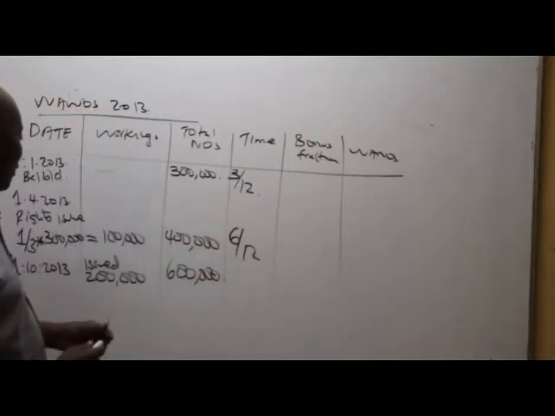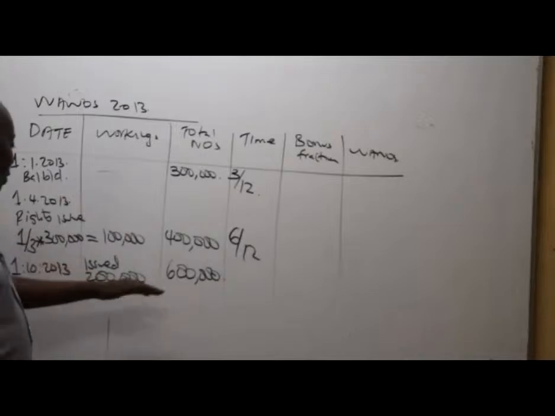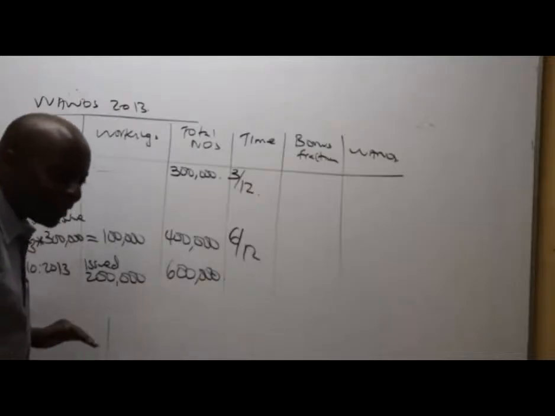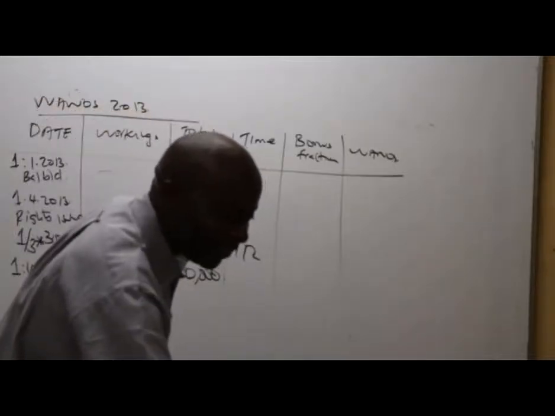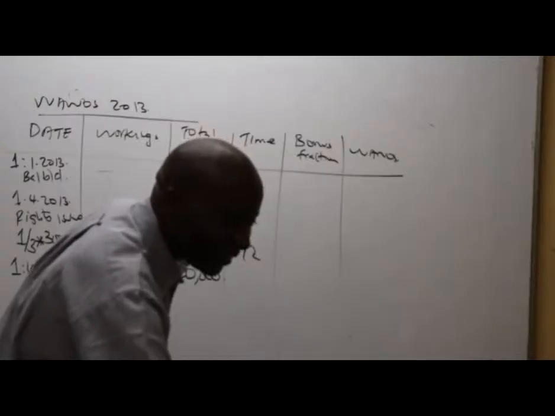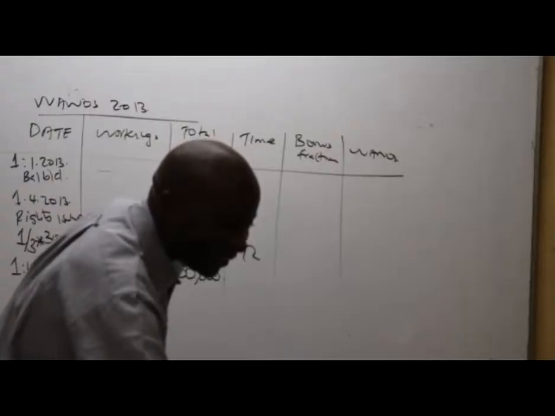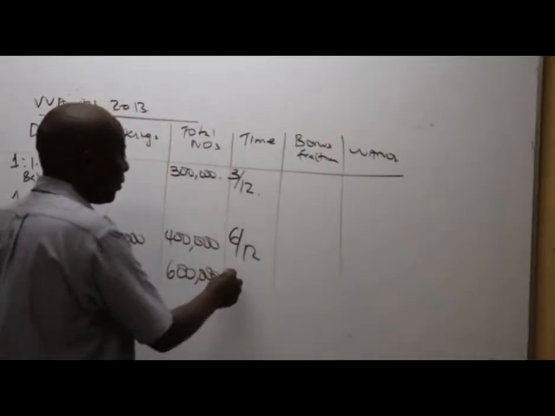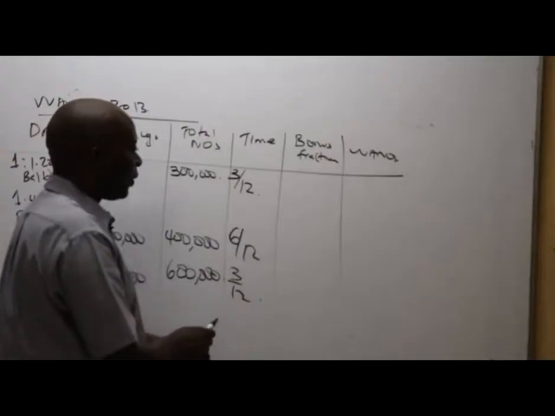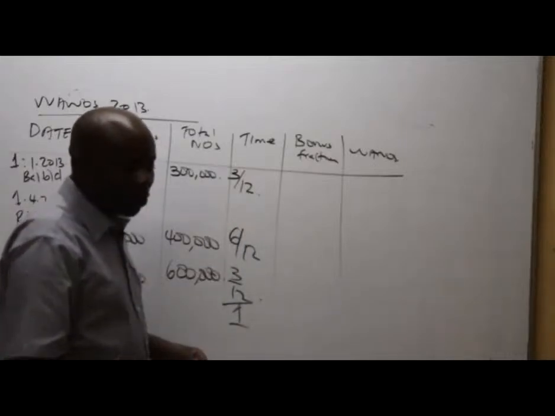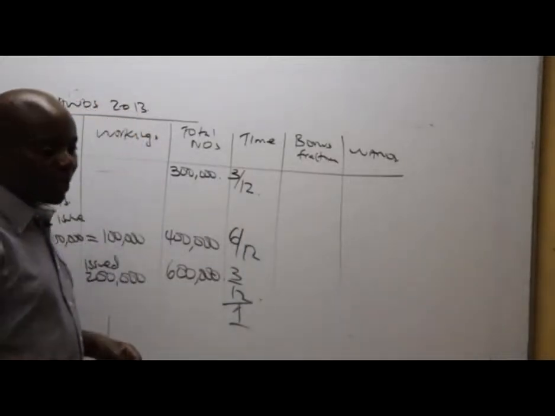From there, ladies and gentlemen, from this month to the end of the year, to December, of course there will be 3/12. And of course, time fractions, when you add them, they must always add up to 1.